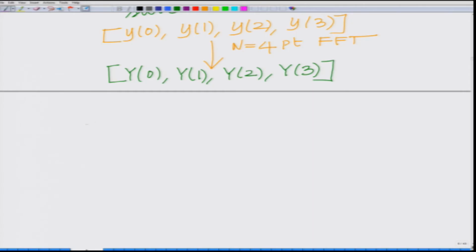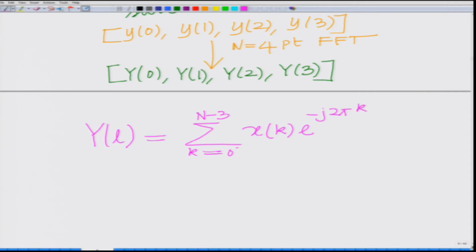Therefore, the lth FFT output is equal to the summation over k equal to 0 to N minus 1 of the time domain samples small yk e raised to minus j 2 pi kl divided by N.